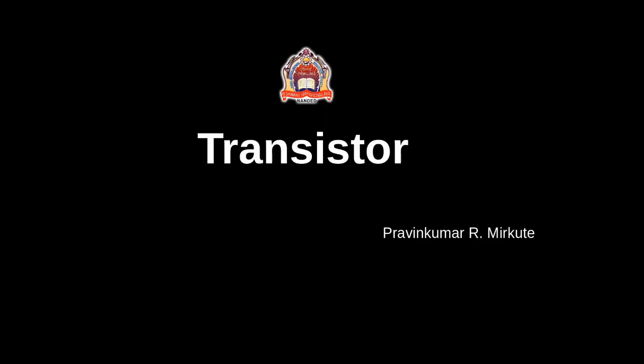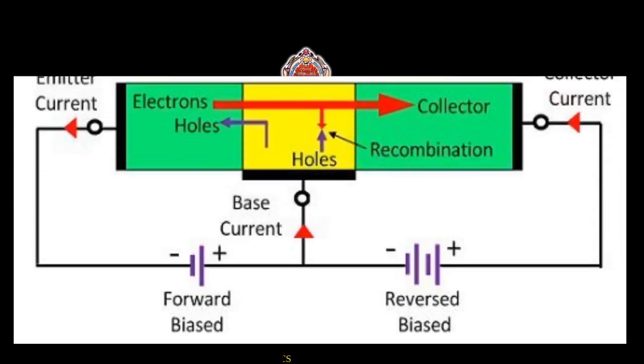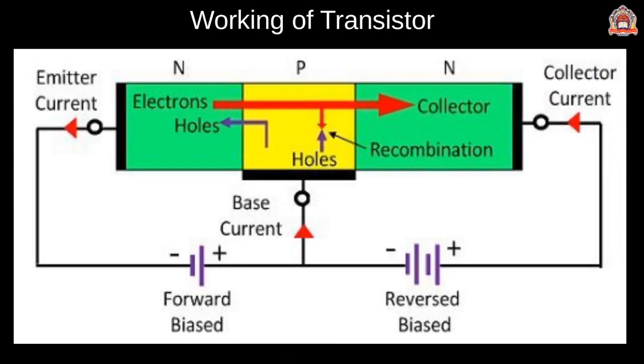As we know, the base of the transistor is very thin and lightly doped, because of which it has fewer electrons as compared to the emitter.